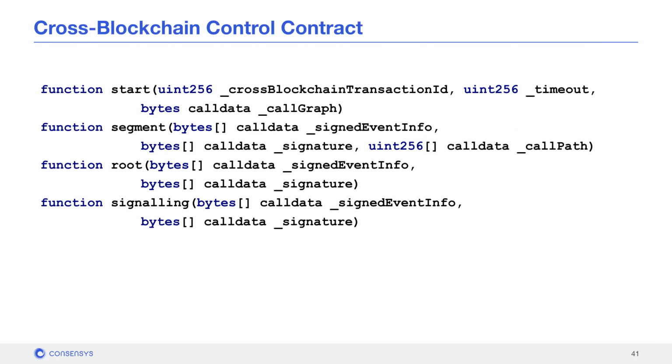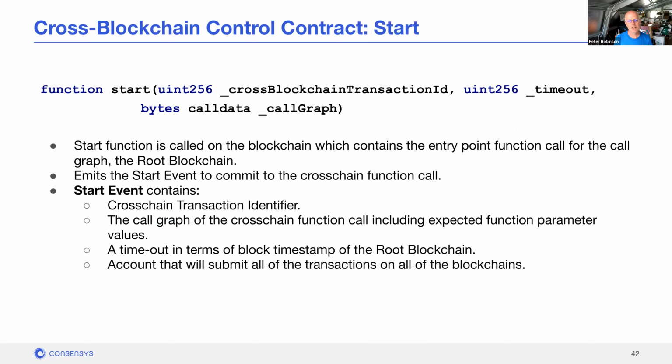And there are 4 main function calls that are available. And so the start function is called to register the call graph. So it registers that, this is what we're going to execute. And so you register it on the blockchain that has the entry point function call for the overall call graph.